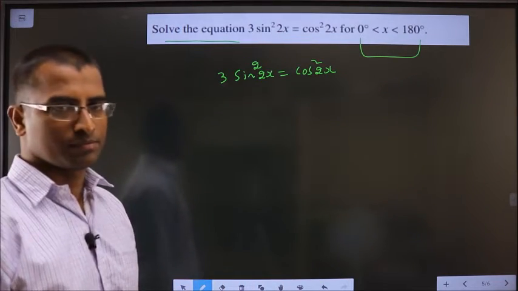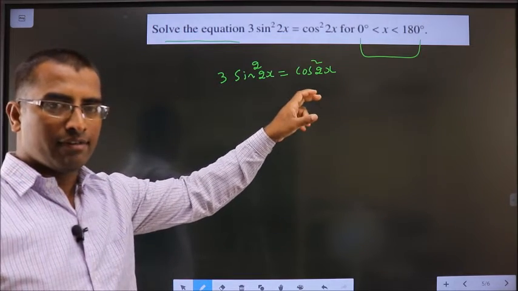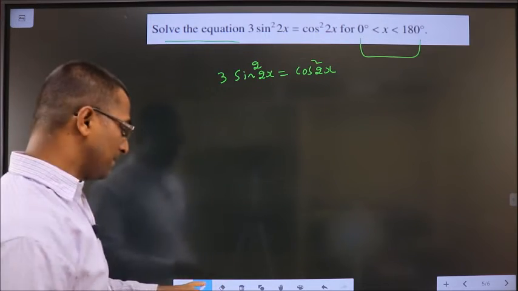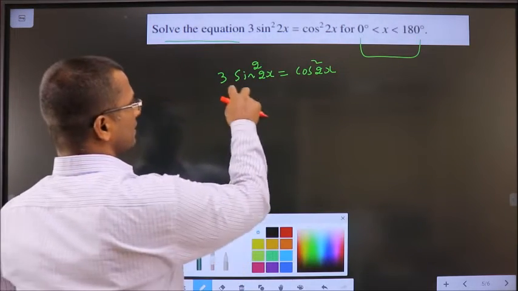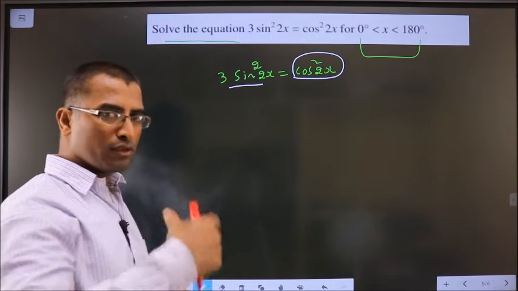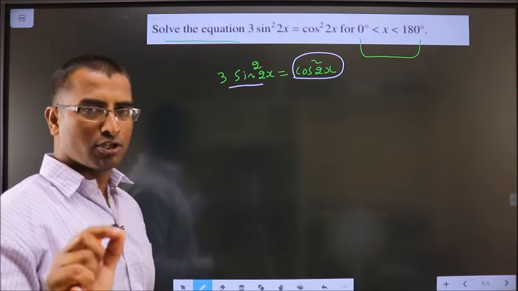Okay. Now, to solve it and find values of x in this equation, two trigonometric ratios are present. They are sine and cos. I should make them into one. For that, I am dividing both sides by cos square 2x.